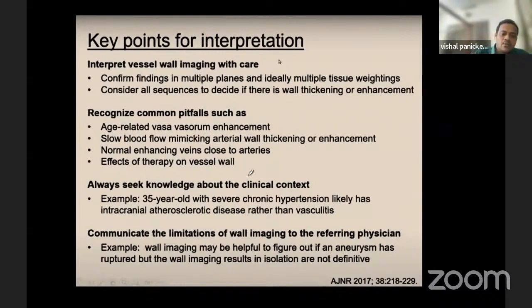A normal vein close to an artery may show T1 enhancement on non-contrast imaging. The effect of therapy like thrombectomy can lead to smooth vessel wall enhancement that looks like vasculitis. So always seek knowledge from the clinical context also for making the diagnosis.